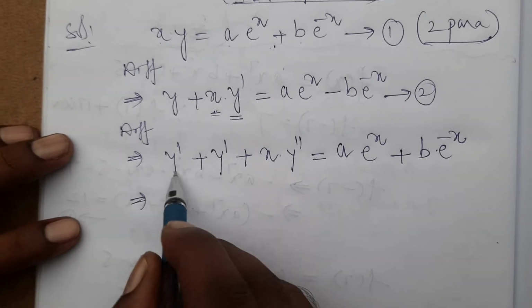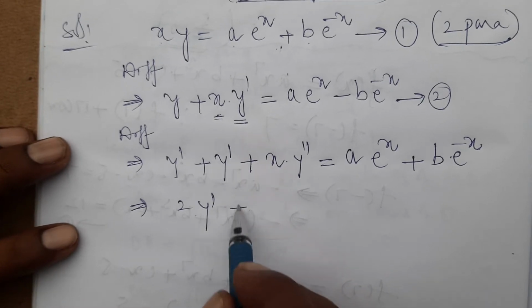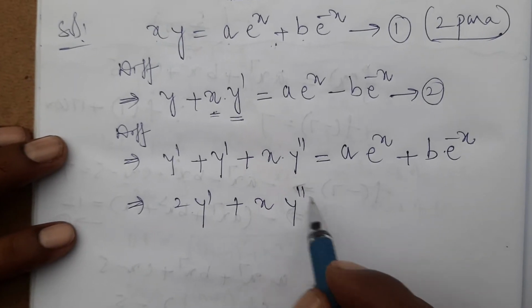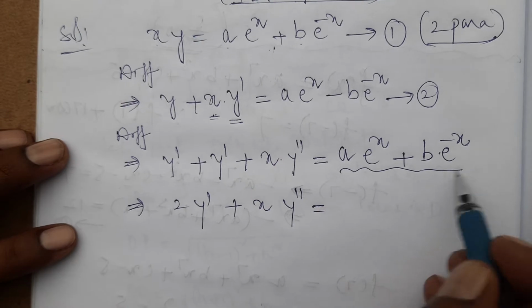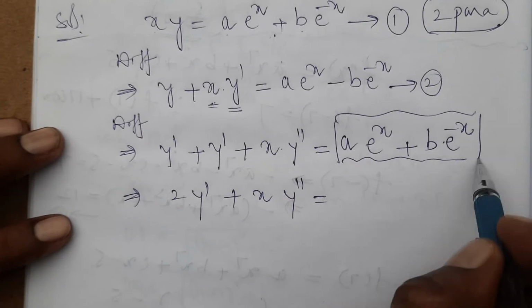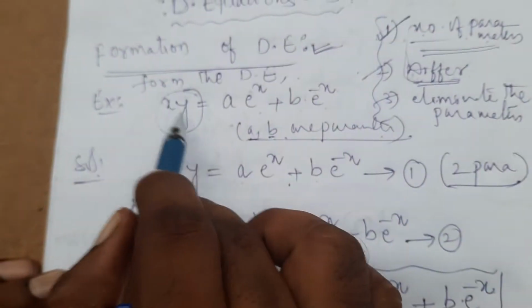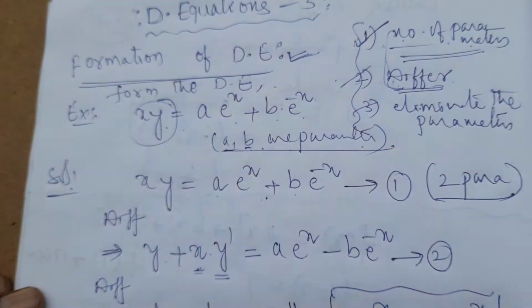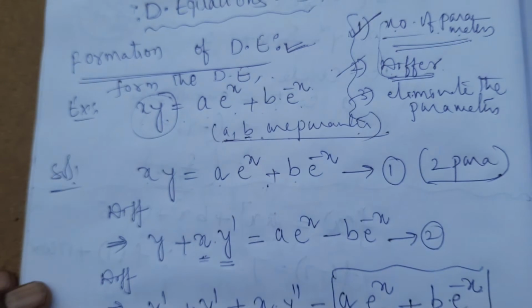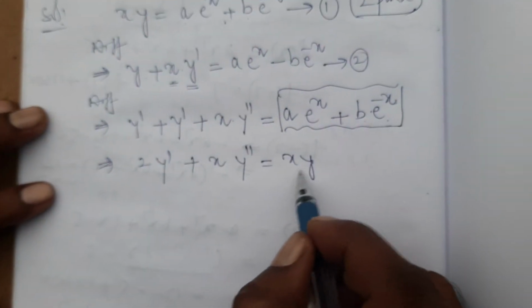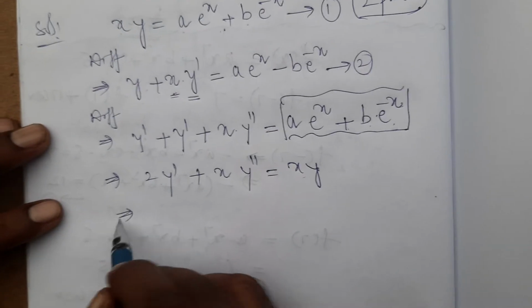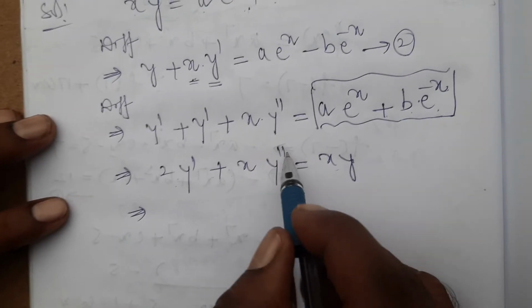Which implies 2y dash plus x into y double dash equals a e^x plus b e^(-x), which is nothing but xy from the data. So replace it with xy: 2y dash plus x y double dash equals xy.